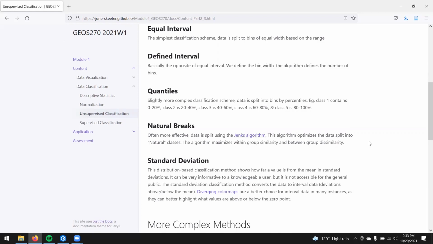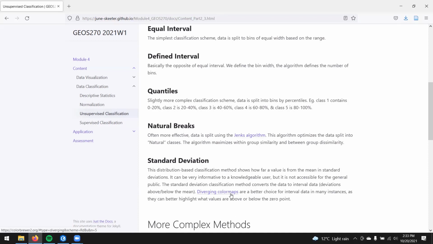One thing to note, the standard deviation classification method converts data to an interval class. So whether it's initially interval or ratio data, it's looking at deviations above or below the mean. The mean is going to be the 0 point of that data set. So you generally want to use what's known as a diverging color map.